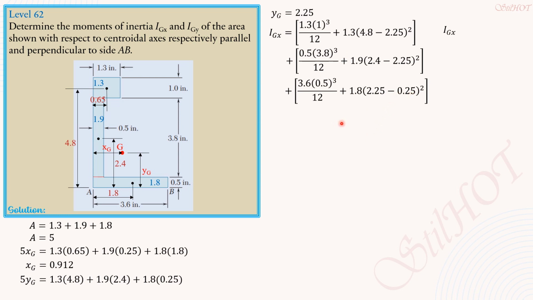Solving for IGX individually, first we have 8.5616 plus this one is 2.3291 and the last one is 7.2375. So IGX is equal to 18.13 square inches to the fourth.